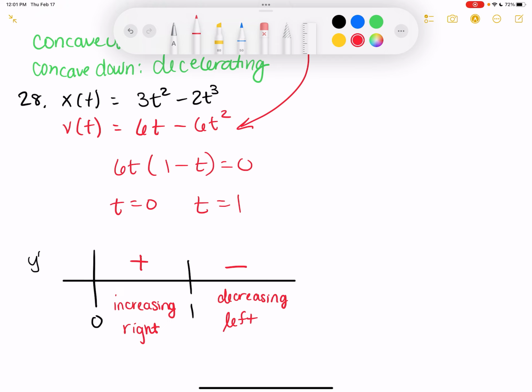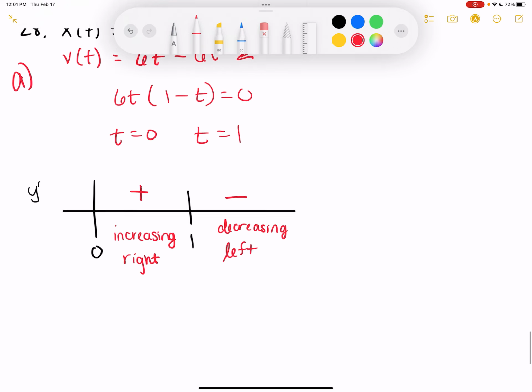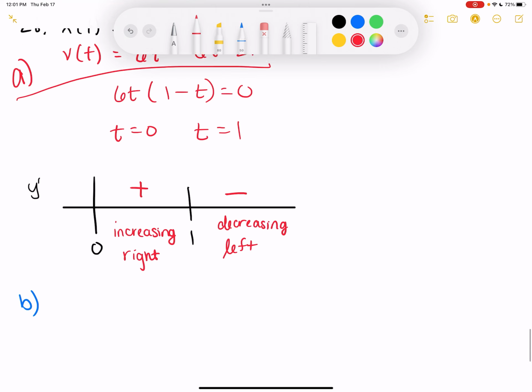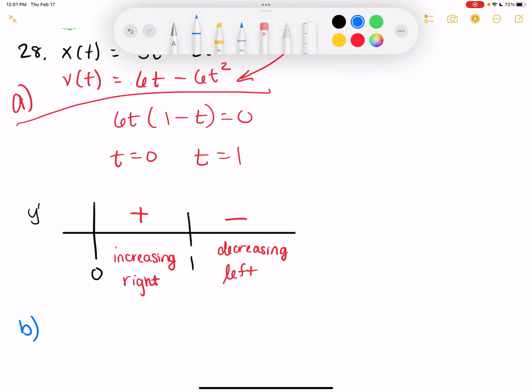We're going to answer the questions in part C, so just leave it there for the moment. This was part A. Okay, so then part B, I'll switch colors. All right, so part B wants where it's accelerating. Or, well, technically part A just asks for the velocity, so really all part A was asking for is this right here, but we need this to answer part C, so that's why I went ahead and did it. So what would the derivative of velocity be to give us acceleration?